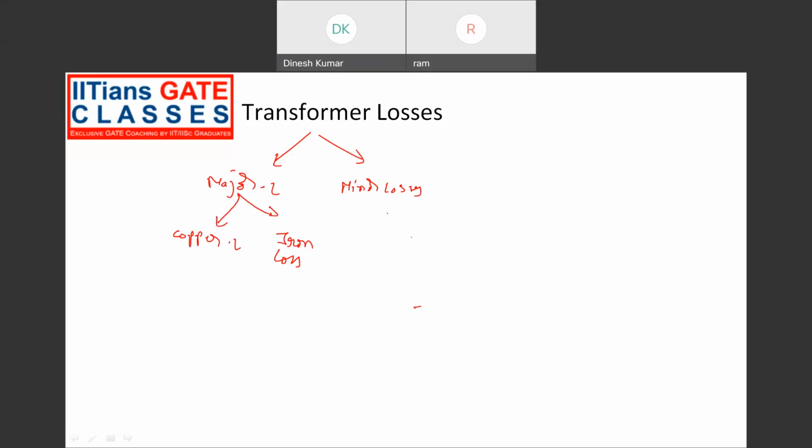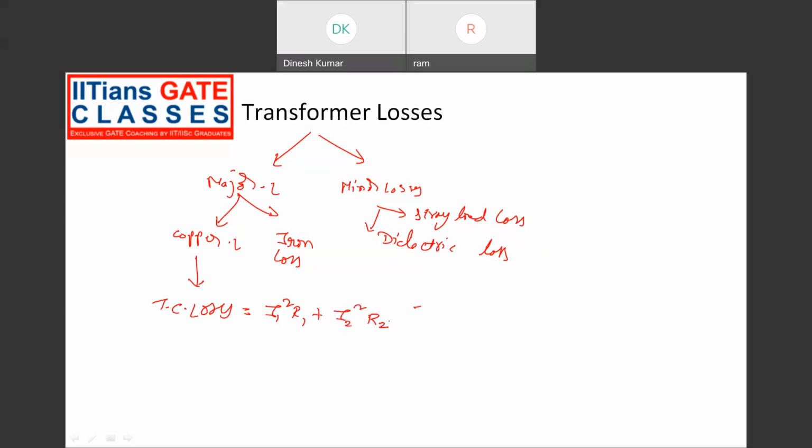These minor losses are also classified into two types. One is stray load loss, the other one is dielectric loss. And copper losses, total copper losses in a transformer, is given by primary current square into primary winding resistance plus secondary winding current square into secondary winding resistance.